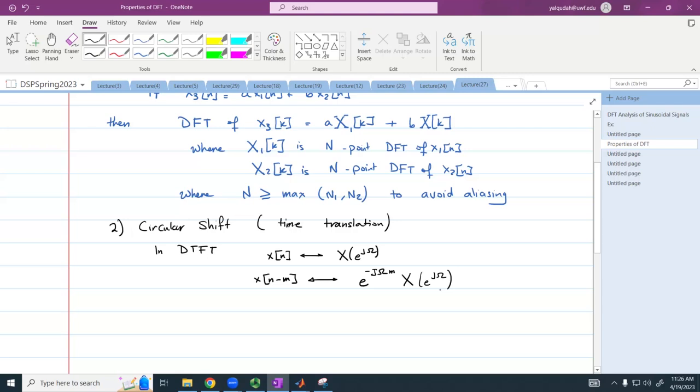So basically the slope here is equal to negative m, which is equal to the shift that we've done to the signal.